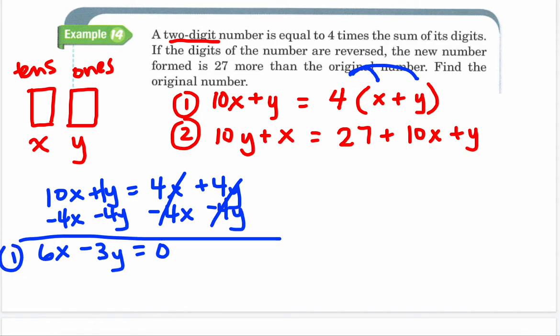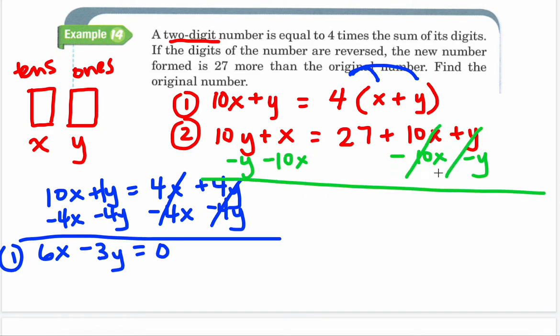Let's change up the second equation. Let me use a different color so that we don't get our work mixed up. Again, I'm going to move all my stuff to one side so that later on, hopefully I can use my elimination method. So let's subtract 10x here and subtract y here, okay?